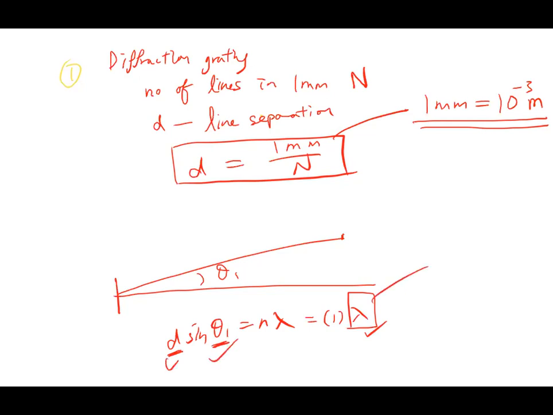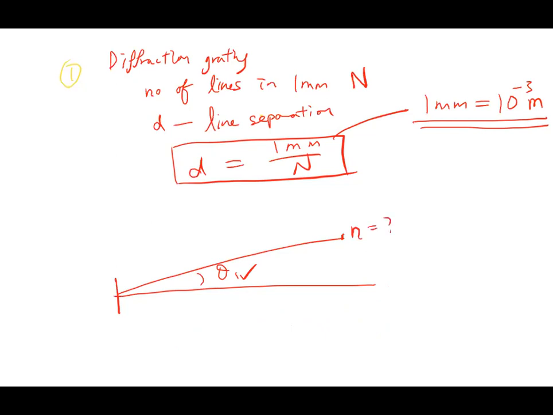And the other way the question would ask is, let me erase this part first. The other way around would be I give you the theta, this is given. And I tell you this is, let's say, another order. I want to know which order, n equal to a certain order. So what we can do is the same equation, d sine theta equals n lambda.